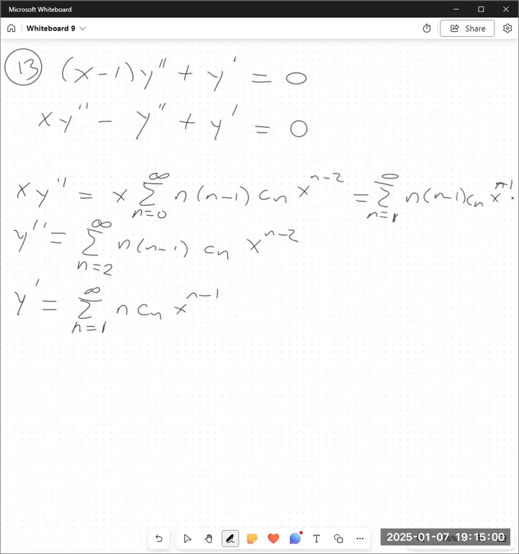All right, so I've got everything written in such a way so that when I change the indices, these are all going to start at 0 and they're all going to go up to x to the n.